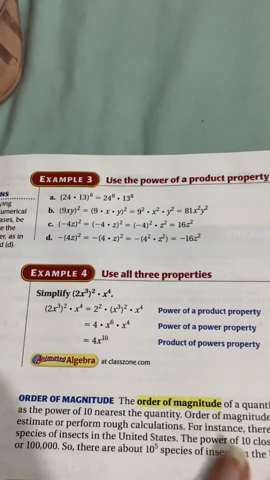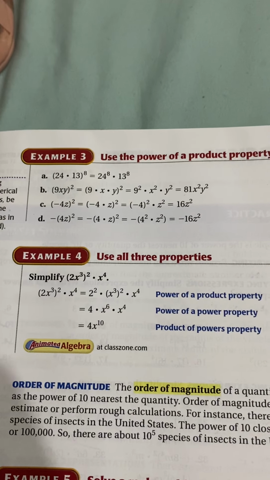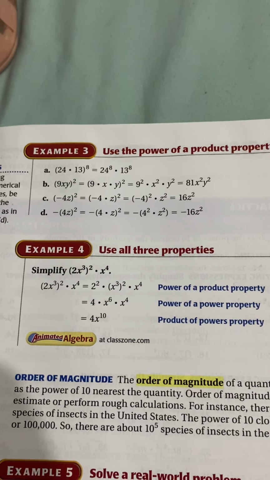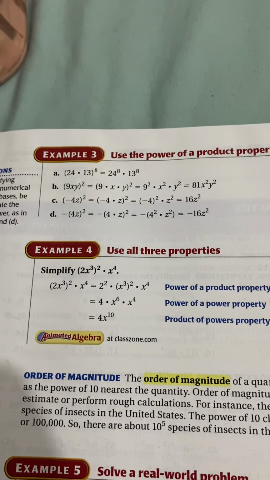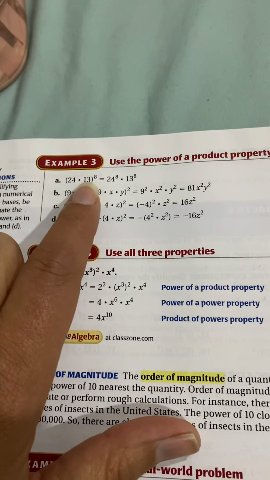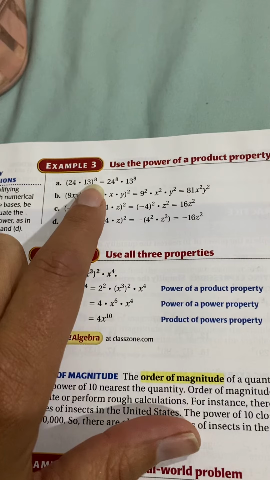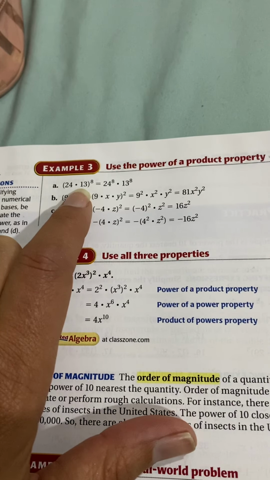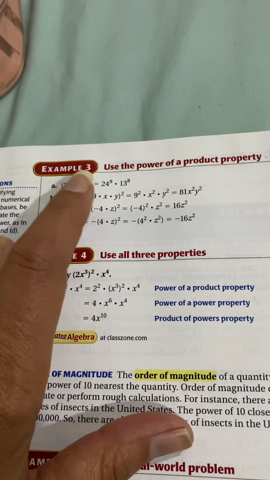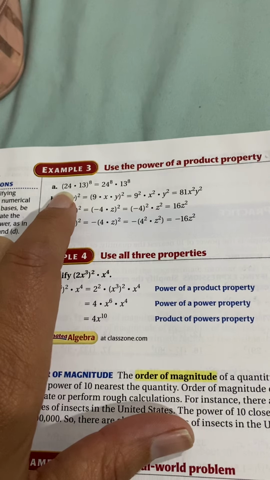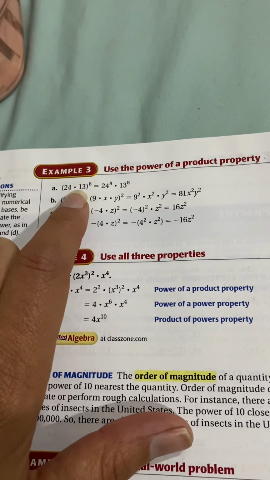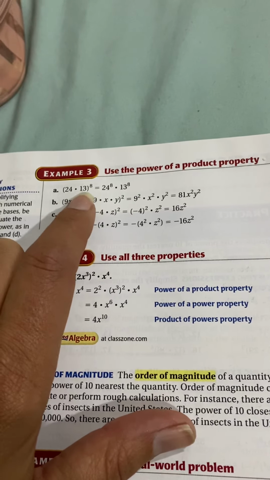That's really for this chapter. All you're doing is just property of exponents and different ways to manipulate those exponents, different ways to work them around. This one up here, you're going to apply 8 to the 13 and the 24. You could also multiply the 13 and 24 first and then apply the 8.